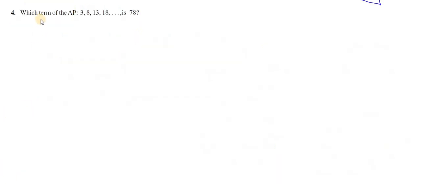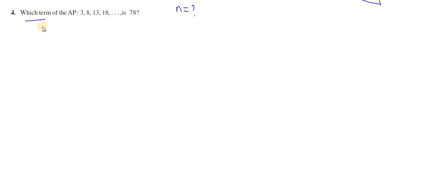Now here is the next question: which term of the AP 3, 8, 13, 18, and so on is 78? What is the meaning of this question? We need to find which term, which in the sense is the n value. So n is equal to what?